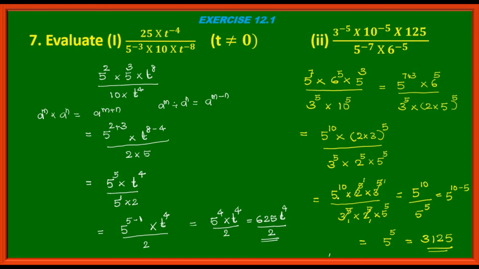What is remaining here? 5 raised to 10 divided by 5 raised to 5. Here we can apply the law of exponent: 5 raised to 10 divided by 5 raised to 5 becomes 5 raised to 10 minus 5. 10 minus 5 is 5, so 5 power 5 is equal to 3125. So the answer of this question is 3125.